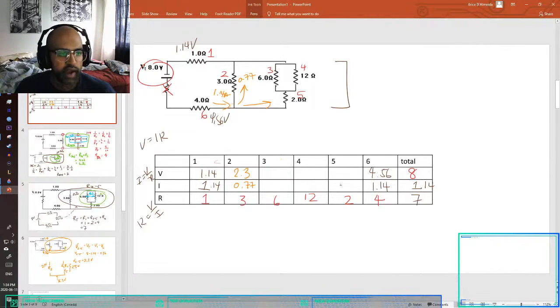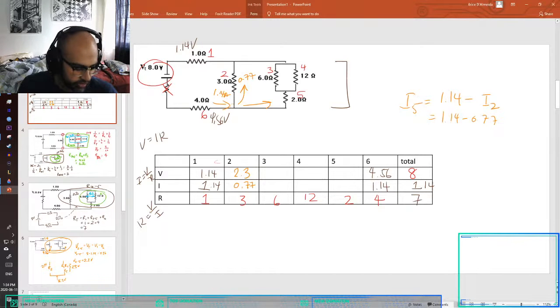So the current at 5 is equal to the total current minus the current going through resistor 2, which is 1.14 minus 0.77. I'm getting 0.37.